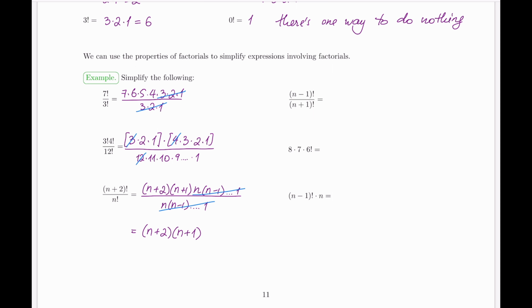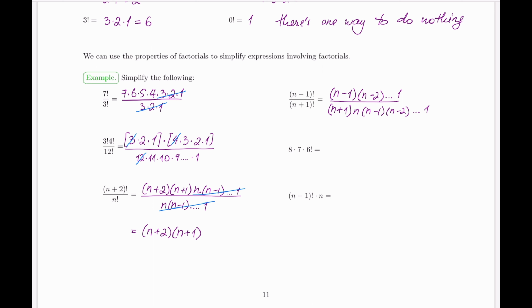So factorials can be simplified really nicely, especially if the numbers that you're taking factorials of are close together. Similarly, it's going to look like this in this example here. So n minus 1 factorial is n minus 1, n minus 2, all the way down to 1. Whereas n plus 1 factorial is n plus 1, you subtract 1, you get an n, and then n minus 1, n minus 2, all the way down to 1.